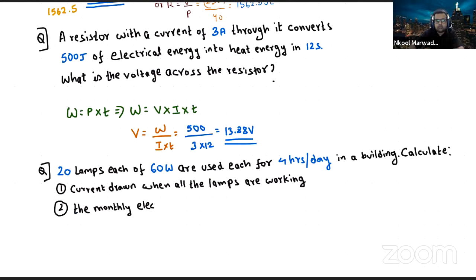It is given that the charge per unit, of 1 unit, is 55 paisa. And the voltage supply is 240 volts.